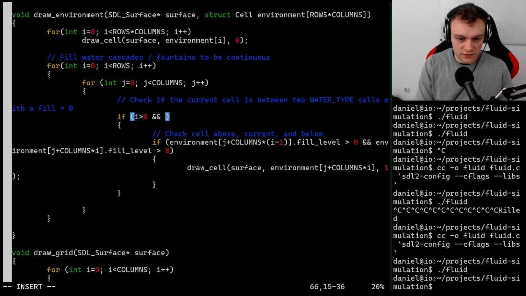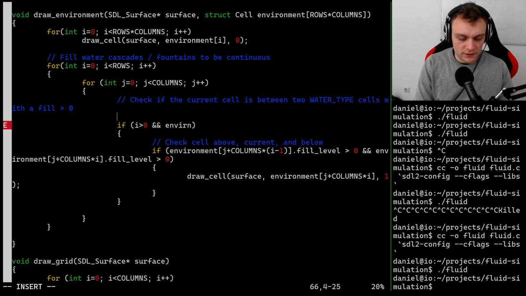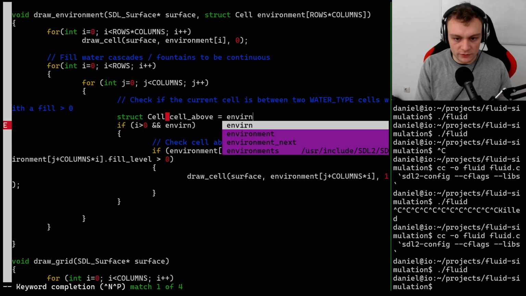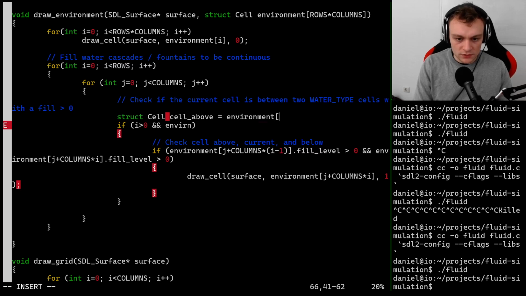If i is bigger than 0 and environ, let's just introduce a struct cell above, and that is the cell above environment j plus columns multiplied by i.